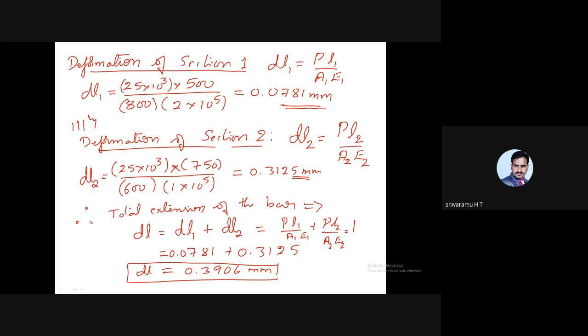Here P is common, so you can take it out and go with l1 divided by A1 E1 plus l2 divided by A2 E2. You can even calculate in a single step, but it is better to show the deformation for each particular portion.